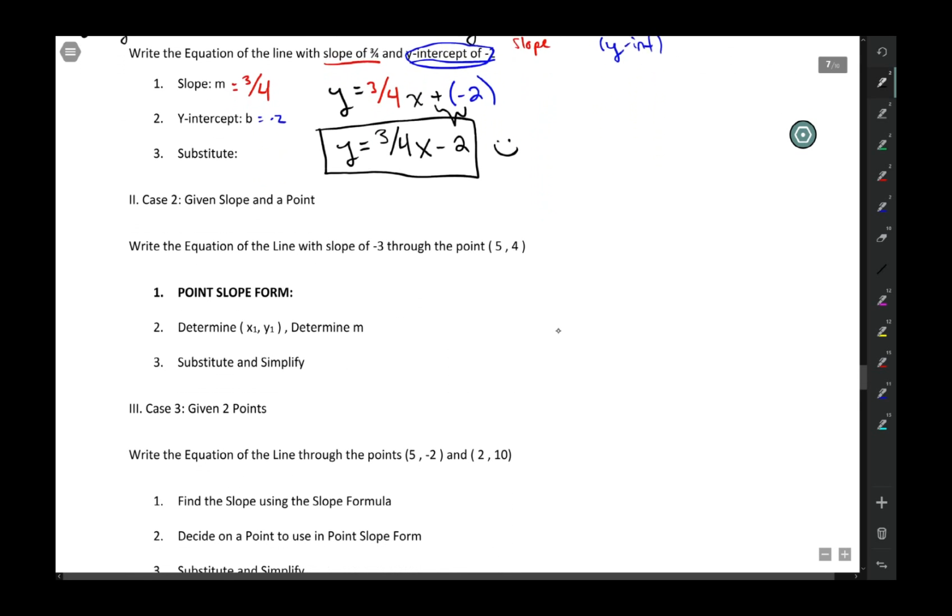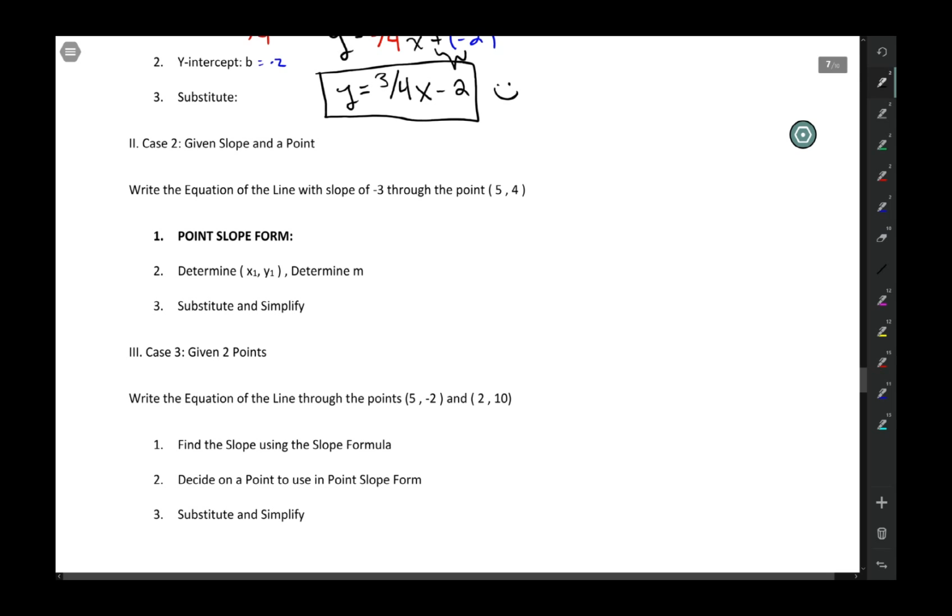Given a slope and a point is a little more challenging, so it's our level 2. And that's because you need point slope form, which is this here. y minus y1 is equal to m times the quantity x minus x1.